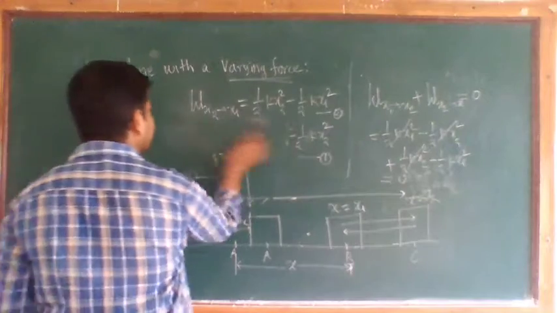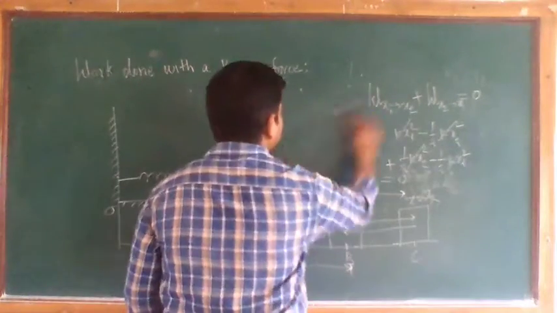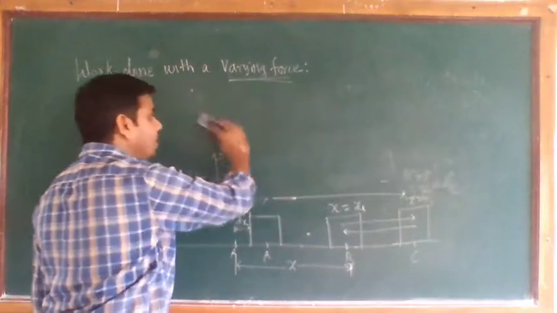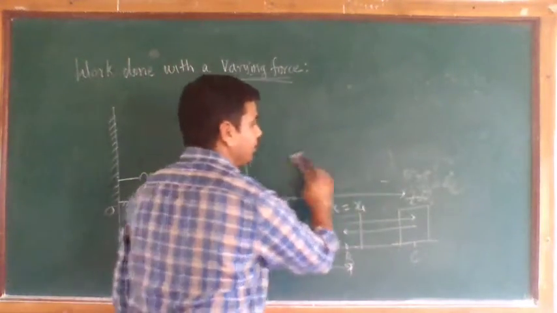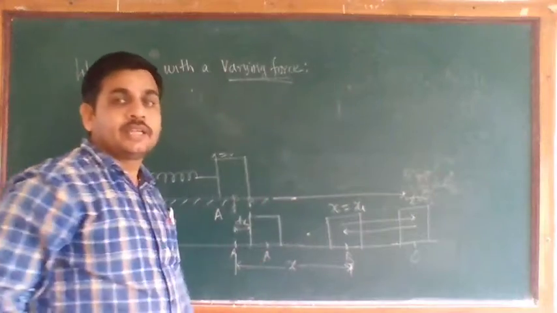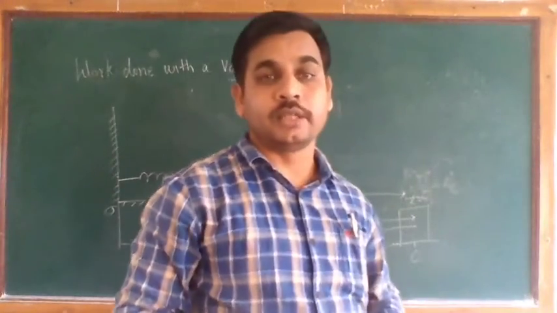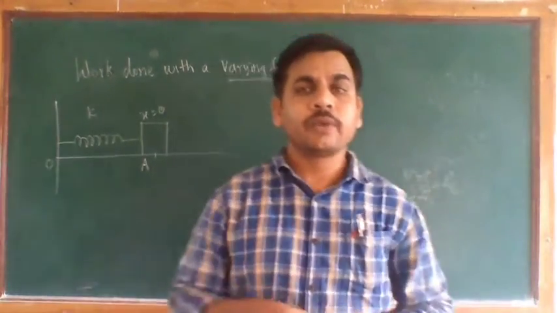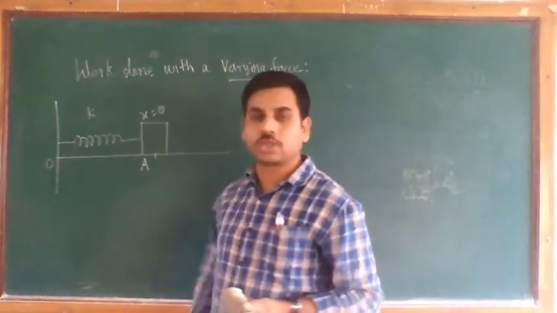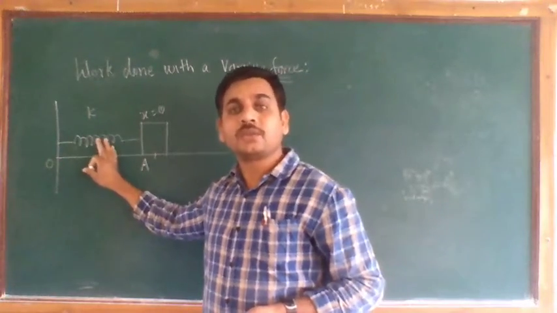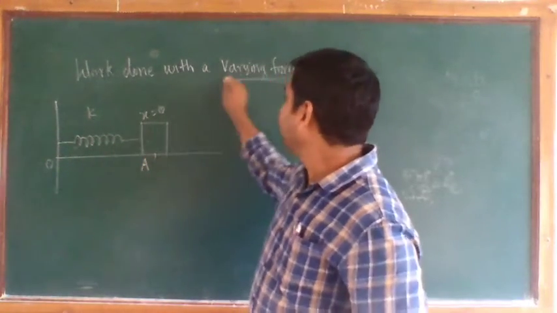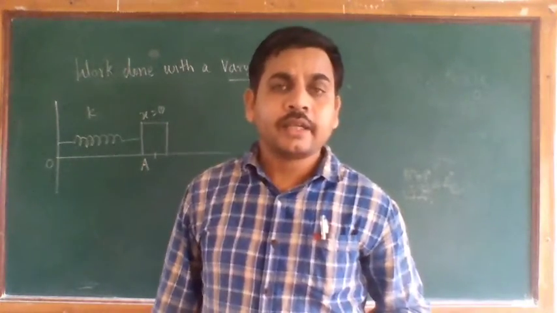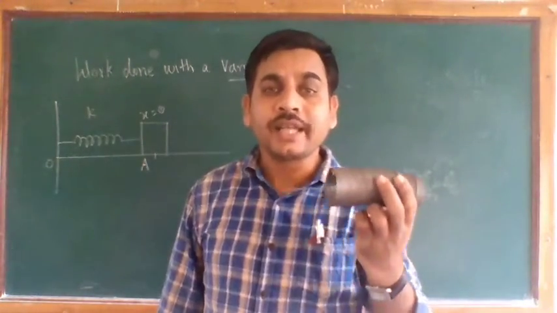If the spring is compressed or stretched, what happens to the work done? Now we are checking various conditions for the spring, where there is a varying force. First we consider the spring in the natural condition.